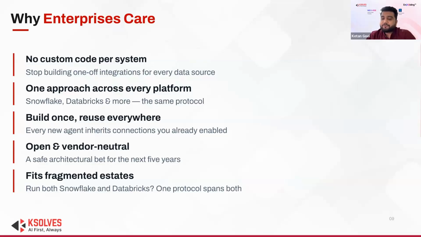You just have to focus on your agents, your application, and the system you want to interact with the user. The rest is taken care of by your platform and its MCP server. So there is no custom code per system, and you can build any number of agents and applications. The backend platforms will remain the same, and you don't have to worry about that.